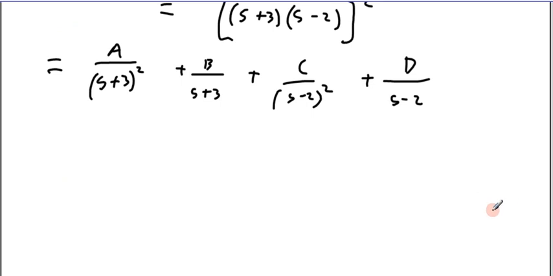And now I figure out that on the top I have a 1 for my numerator.